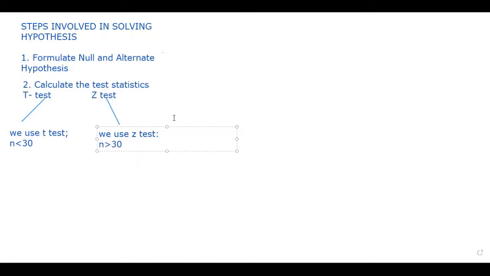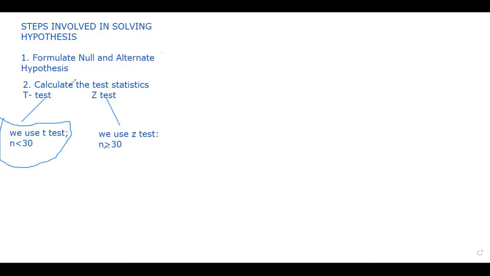How large is your n? Your n is large only if it's greater than or equal to 30, and your n is small whenever it's less than 30. And in research methods, we are going to use the t-test. Most of them will be on the t-test.